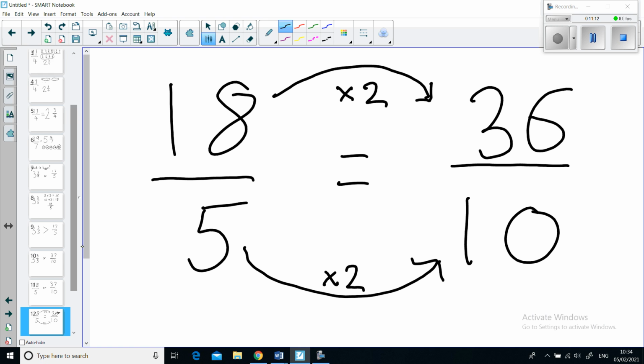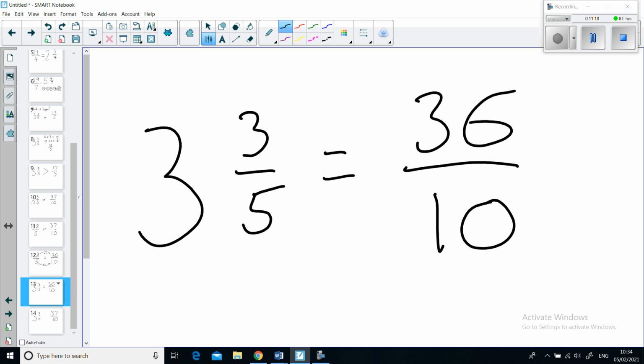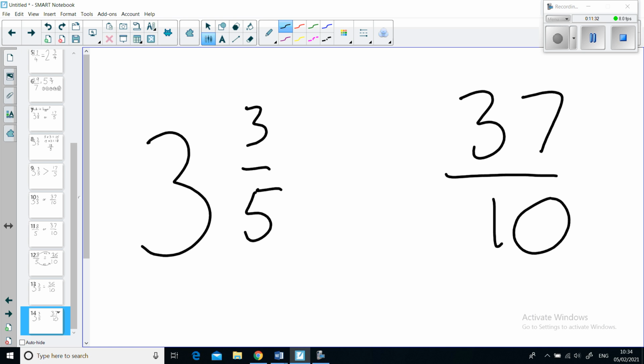Okay, so now we can see then that our 3 and 3/5 is exactly the same as 36/10. We've converted our mixed number to an improper fraction, which was 18/5, and then we've converted our 18/5 to have a denominator of 10, 36/10. So now we can compare 3 and 3/5 to 37/10.